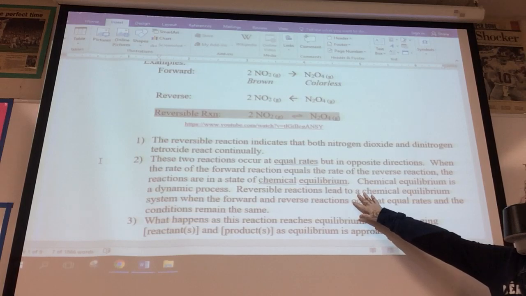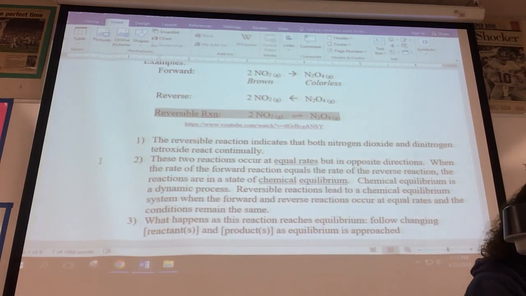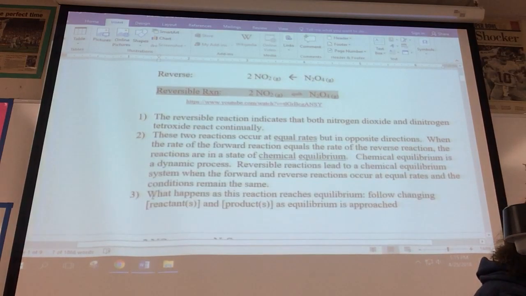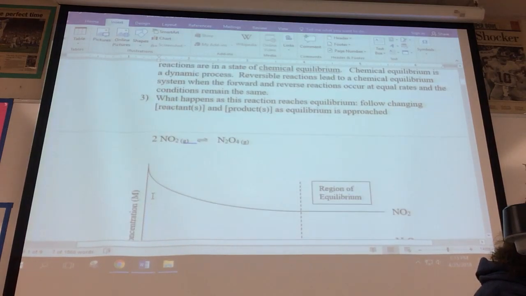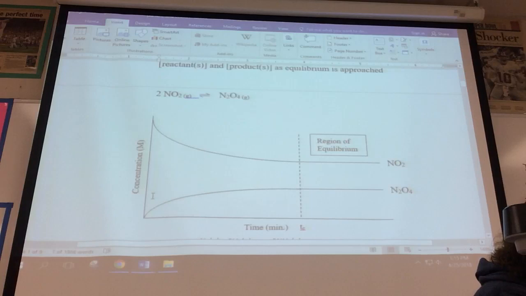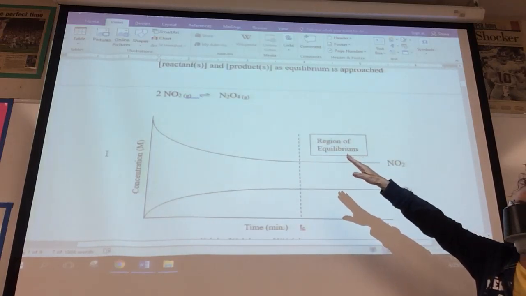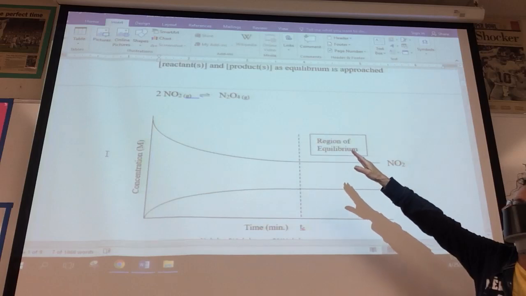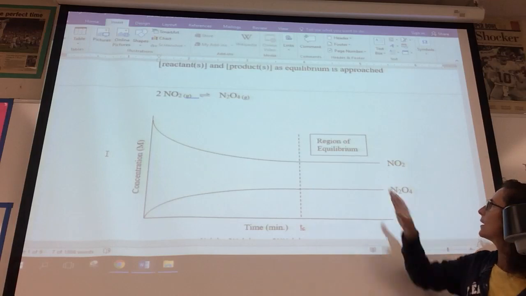When the rates of the forward and reverse reactions are the same, then we have a state of chemical equilibrium. And we can look at what happens to the concentration of reactants and products as equilibrium is approached. So again, same reaction we looked at previously. Nitrogen dioxide will be your reactant on the left, dinitrogen tetroxide will be your product on the right.